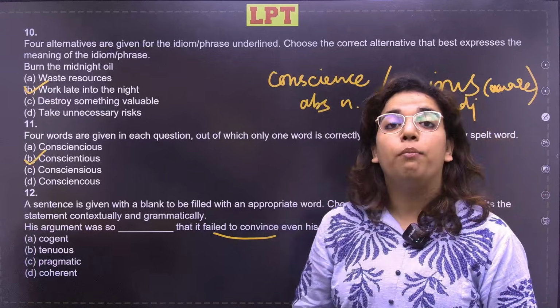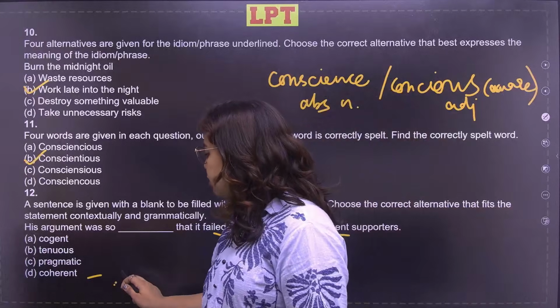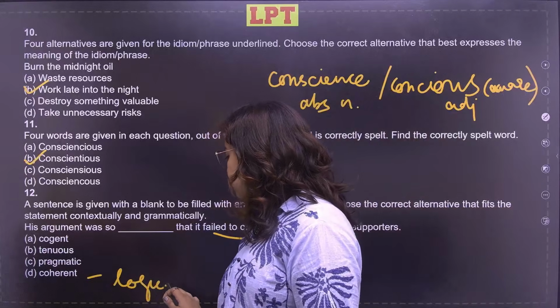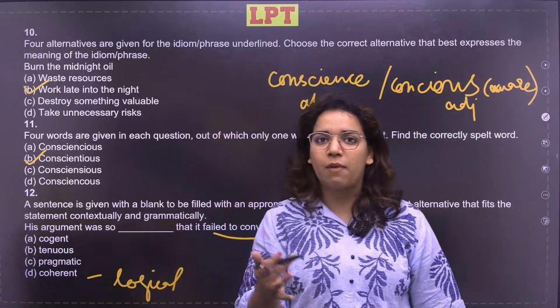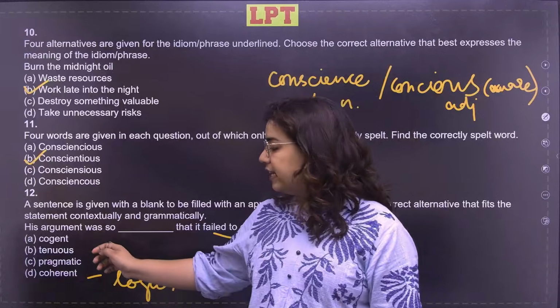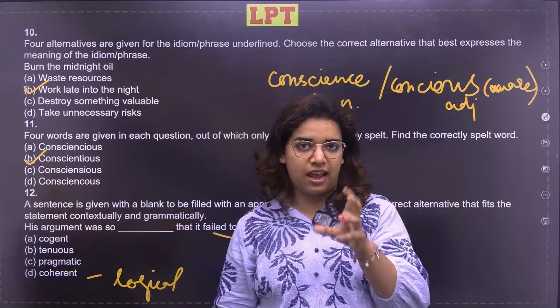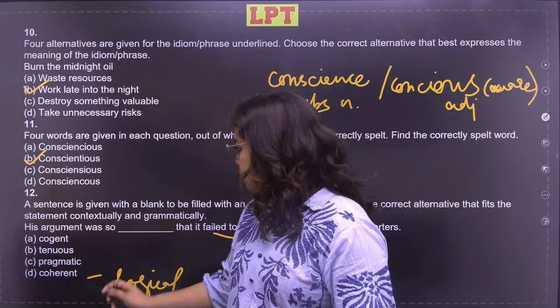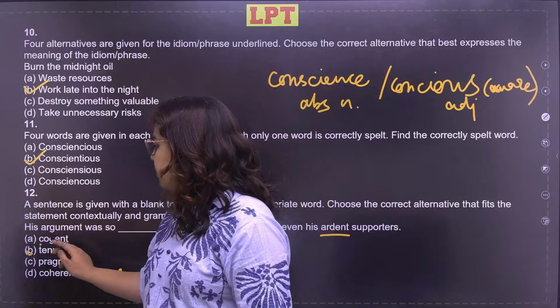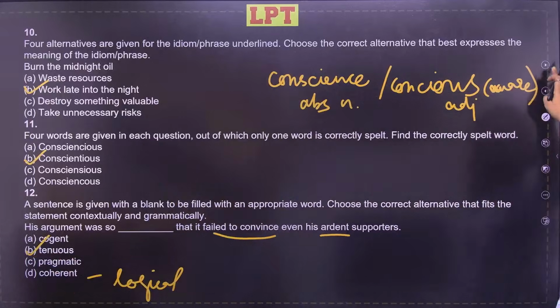Pragmatic means practical, and coherent is logical. All of these adjectives are something on which ardent supporters must get convinced, but they are not. So we are left with tenuous, and tenuous means something weak. So the answer for the 12th question would be tenuous. Okay, let's go ahead now.